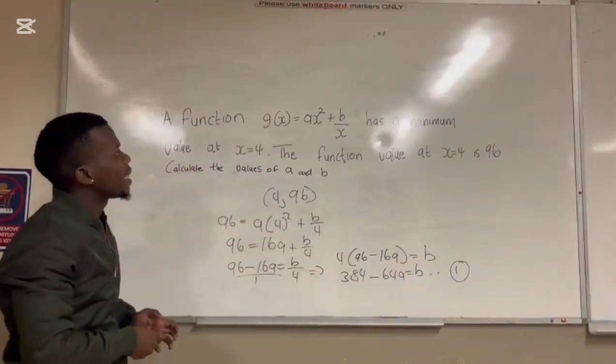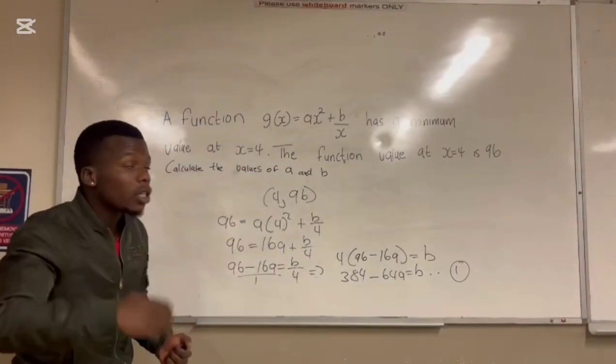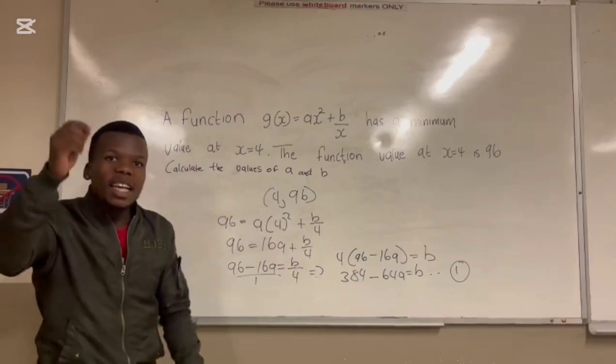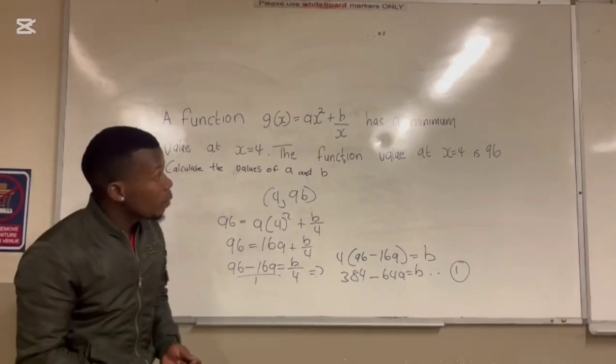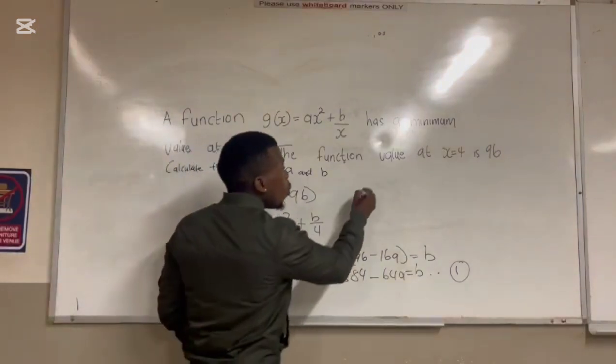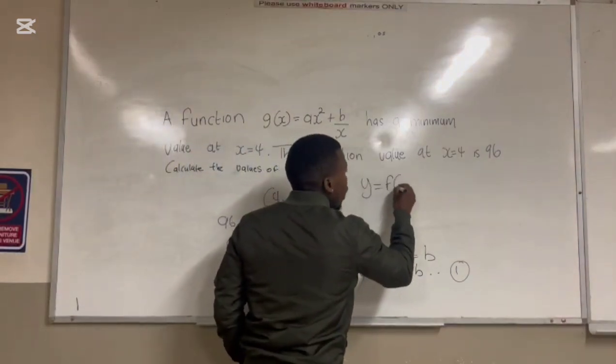Let's go to the first statement. It says this function has a minimum value at x is equal to 4. Remember something, let's say I'm given a function y is equal to f of x.